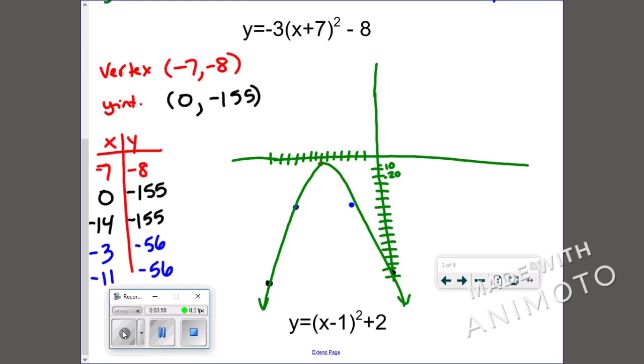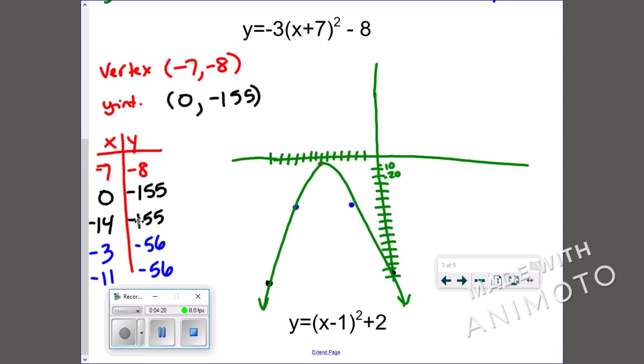Okay, this one gets a little bit crazy because our points are really far away. So we have our vertex of -7, -8, a y-intercept of 0, -155. Because 0 is 7 units away from our vertex, I have to go another 7 units away, and we get -14, -155.